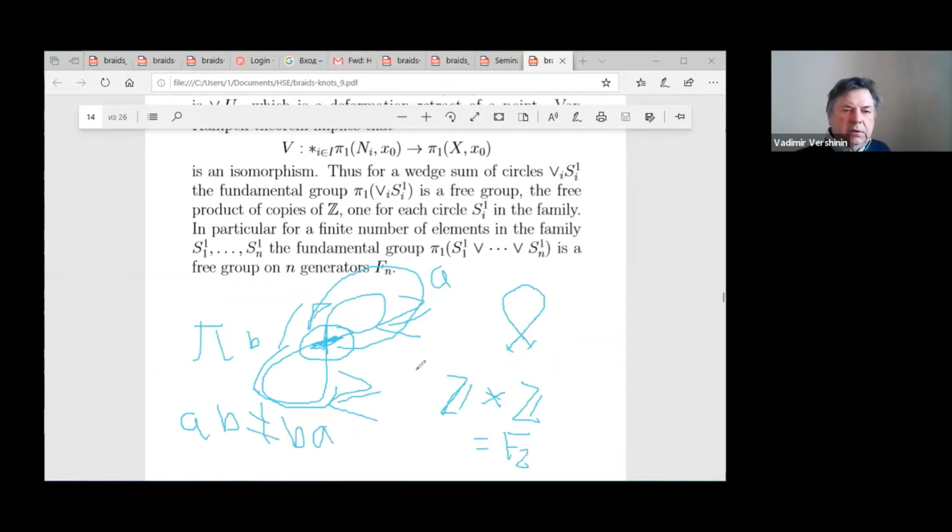It will not be equal to the constant, and you see that you have no possibility to shrink this loop. So this is a free group.